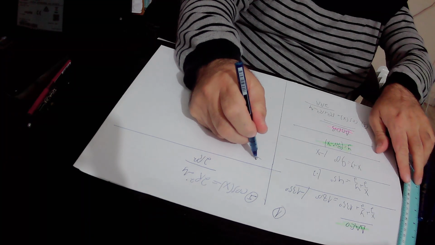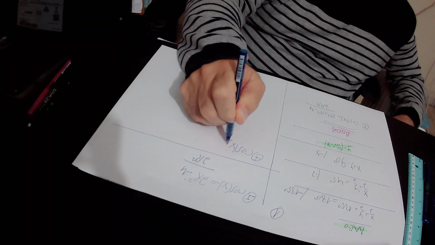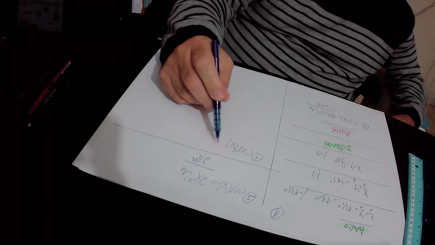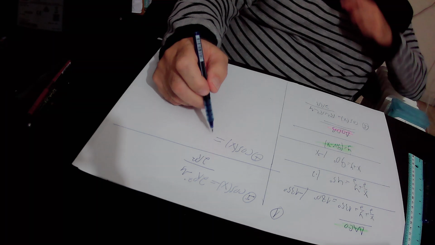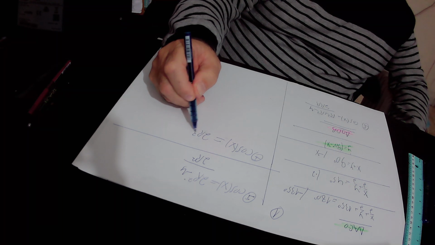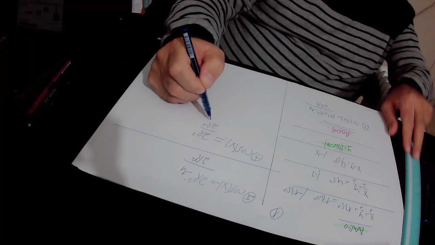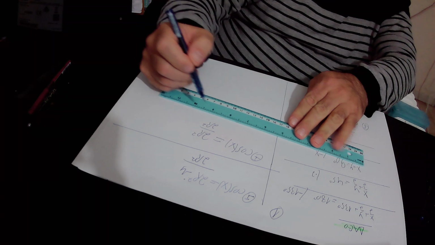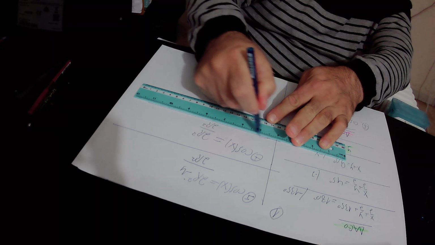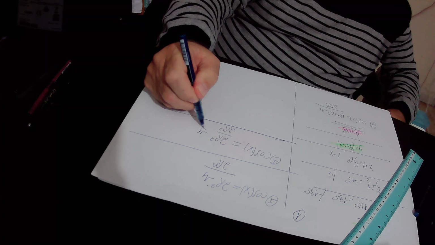So cosine x equals, here we'll split this expression into 2 parts. The first part will be 2r squared over 2r squared, and the second part will be minus 4 over 2r squared.